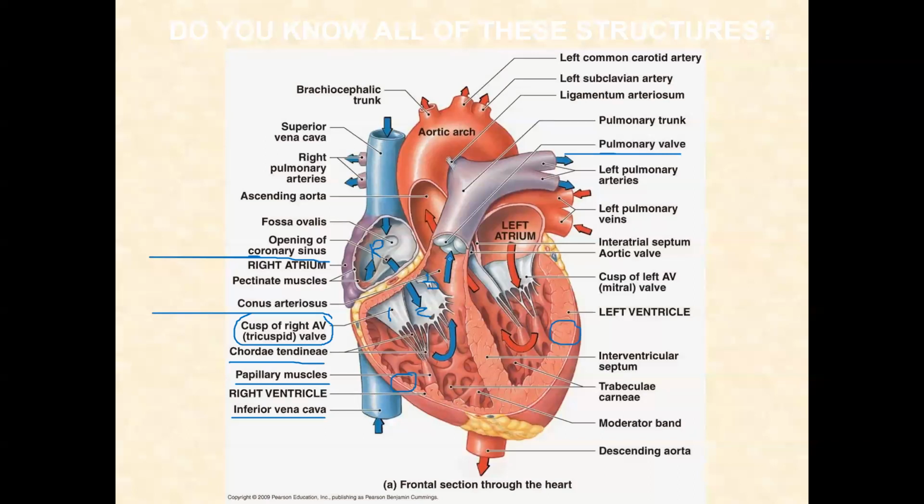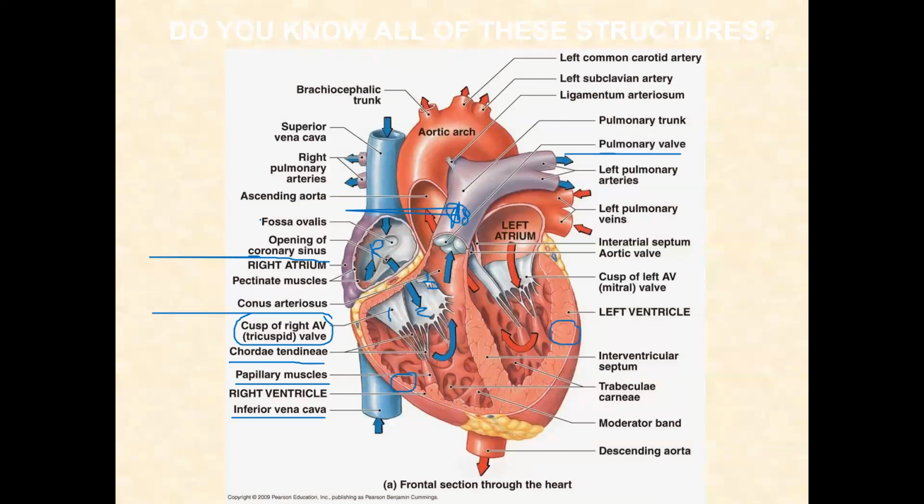So the blood gets shoved out of the heart, past this valve here, which stops the blood from flowing back into the heart, into what we call the pulmonary trunk, right? That's the pulmonary trunk. The pulmonary trunk splits into pulmonary arteries, right and left. Why right and left? Because you have right and left lungs, okay?